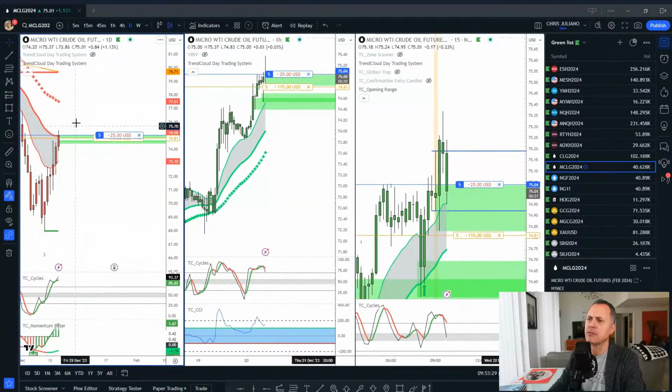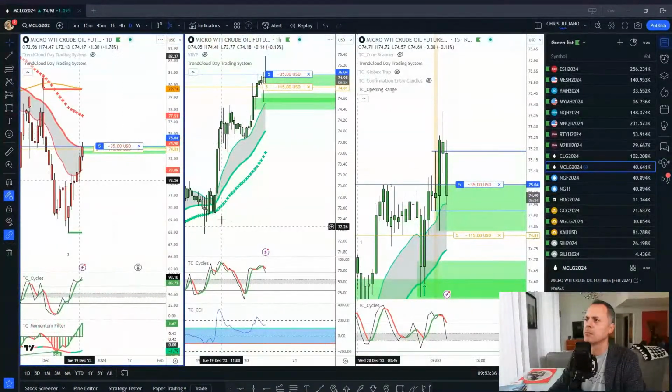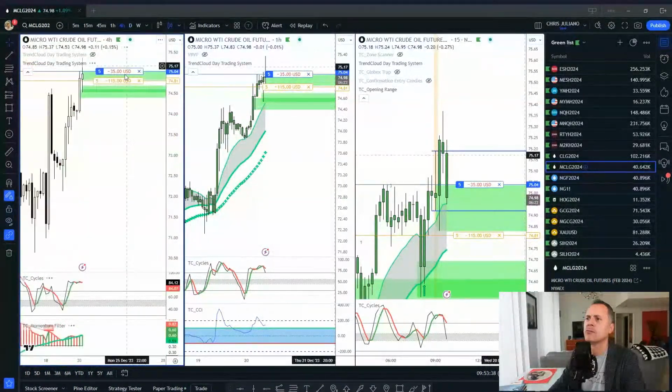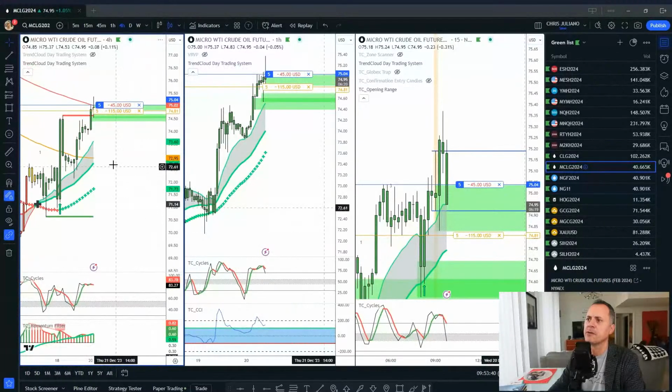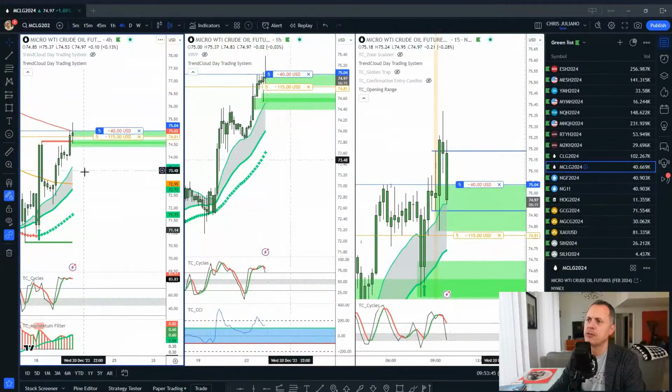I'm sorry, the trend cloud here. We did break above that trend cloud. There's the 200 simple right there on the 4-hour chart. We did break above it.